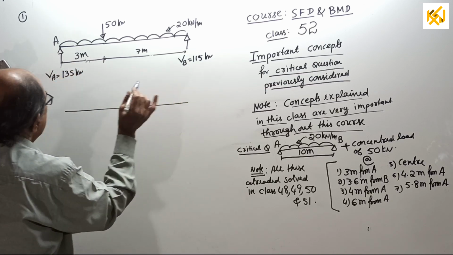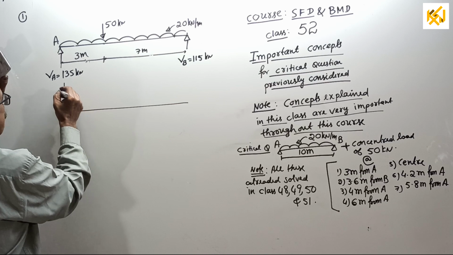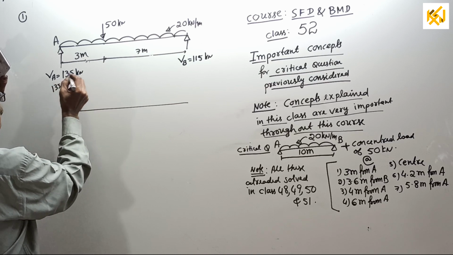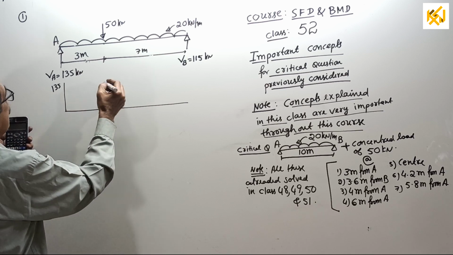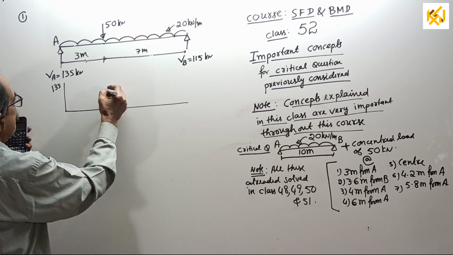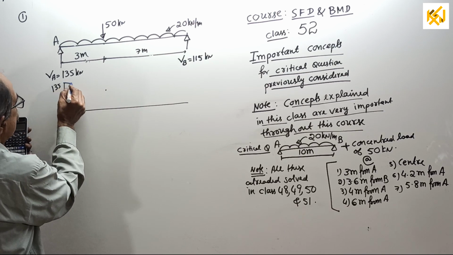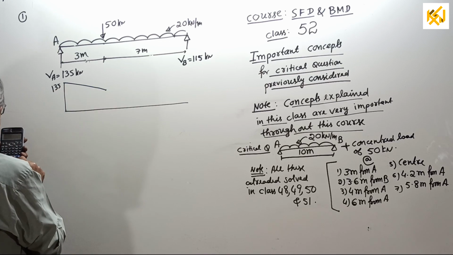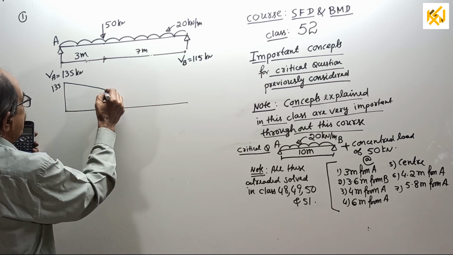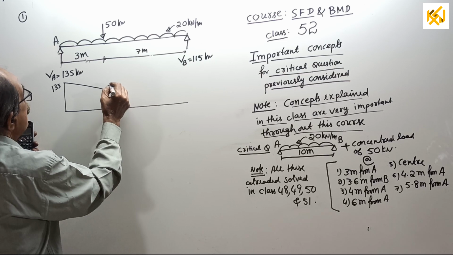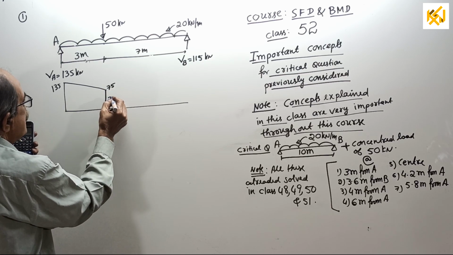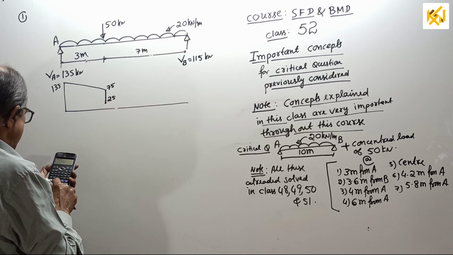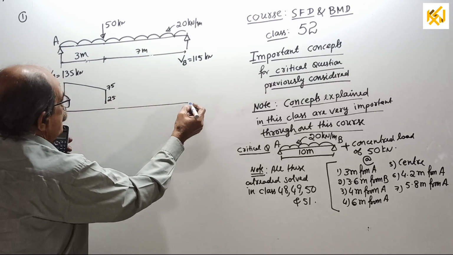SFD, somewhat to scale. 135, down by 60, 75, down by 50, 25. This is 75, this is 25, again down by 140, 115.